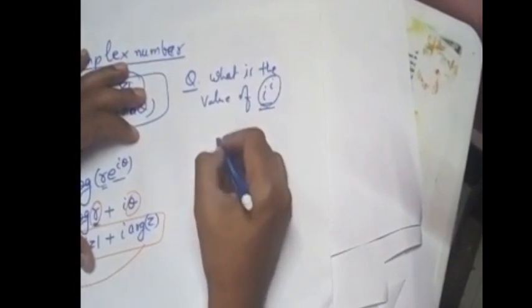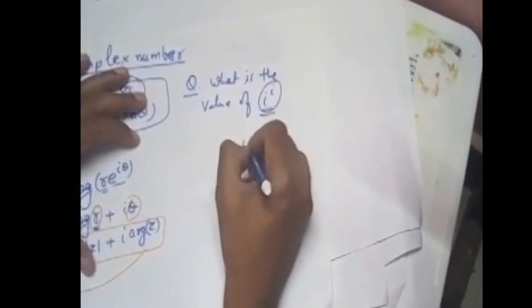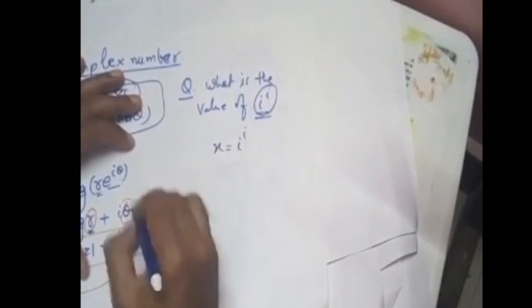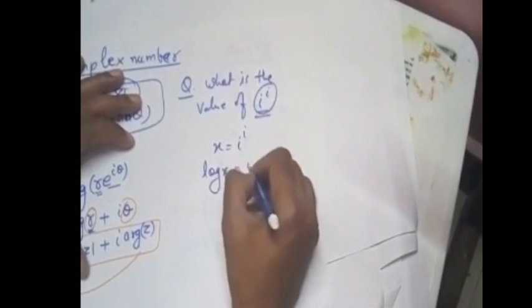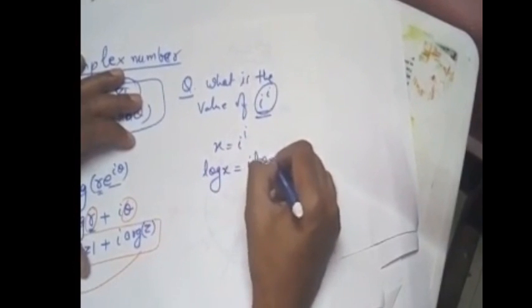Now, if you want to find this, let i to the power of i be equal to x. Then log of x is equal to i into log i.